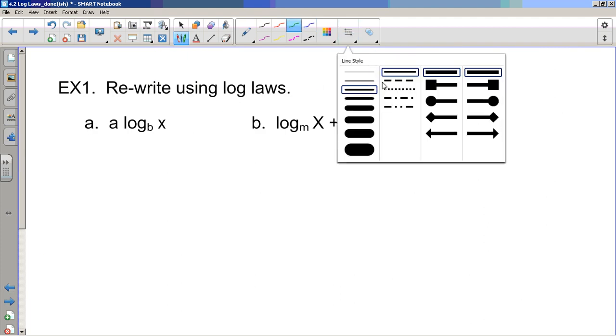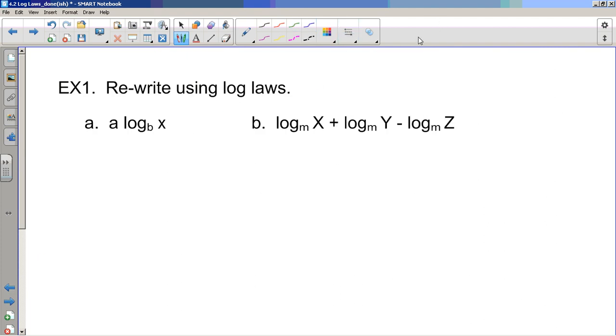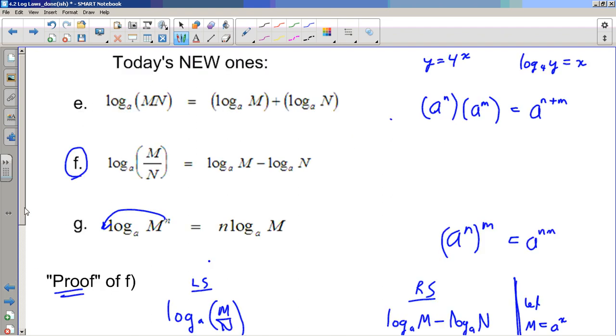It says rewrite using log laws. So this is kind of a strange question. It's not prove anything. It's just change the form using the log laws. Well, which one does this look like? I don't have two things on the inside, so which one does it kind of look like, this one, right? I got something out front and then a logarithm.